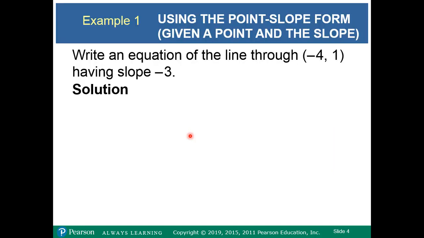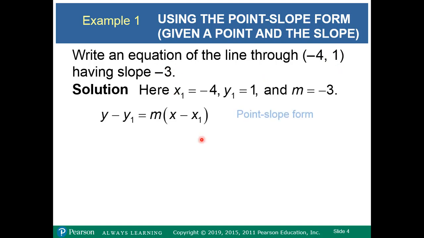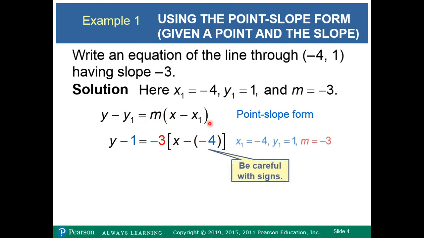line. So if we want to write the equation of a line through this point, and it has a slope of -3, all we're going to do is use our form. So x1 is going to be -4, y1 equals 1, and then our slope m is -3. So we just plug it into this form. Now notice, again, careful with the signs, -4.